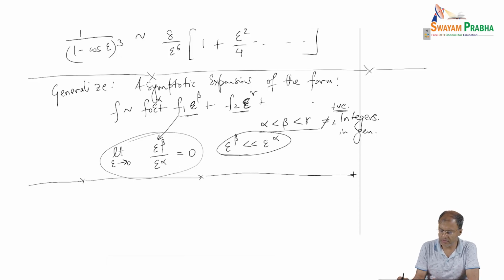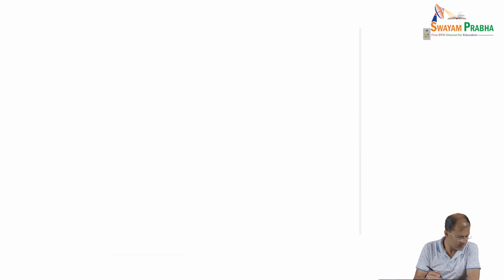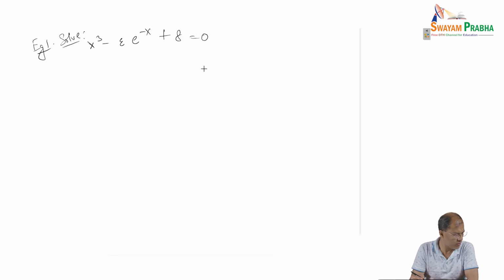Now let us look at this idea through one example. The example that we have is the following. We need to find the solution. So solve this problem: x cubed minus epsilon e to the power minus x plus 8 is equal to 0.